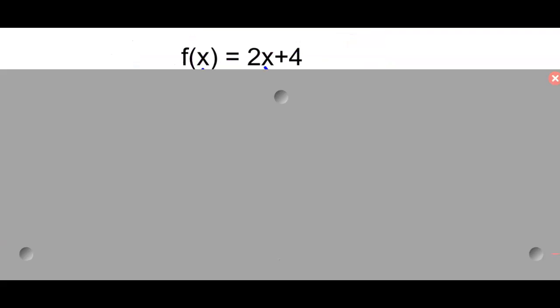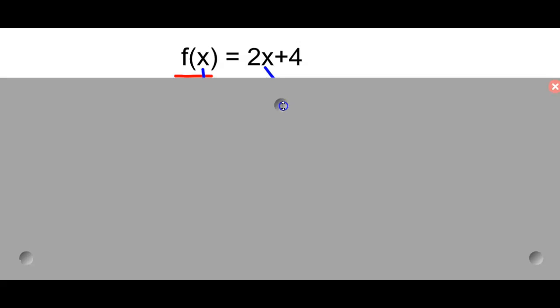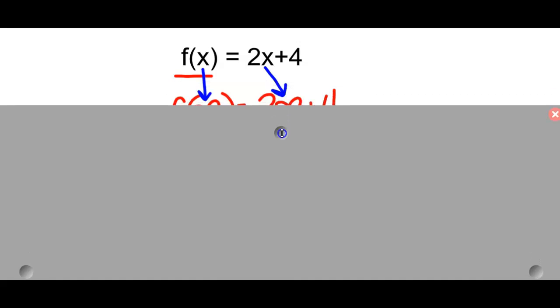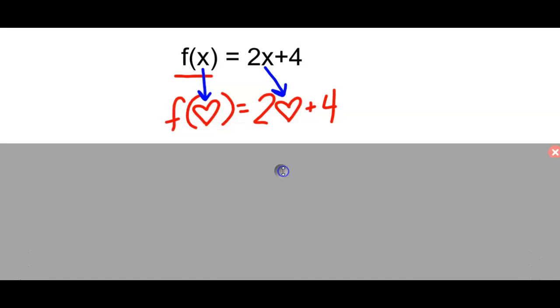All right, with that said, this is an example of function notation. This says f of x equals 2x plus 4. So that x can be replaced by anything. It can be replaced by a number. It can be replaced by a symbol.